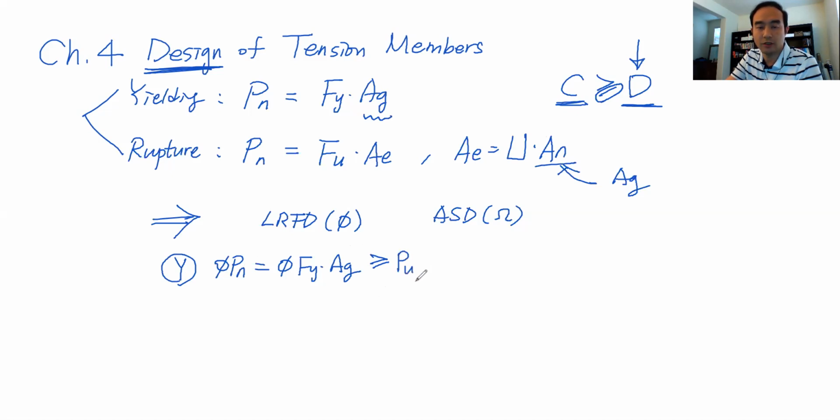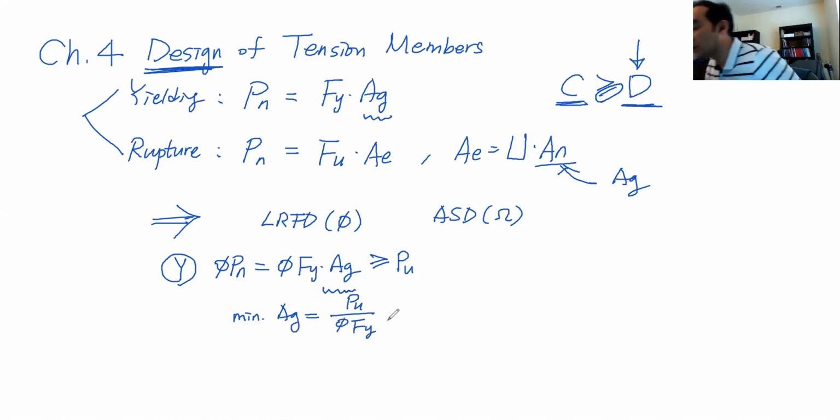This is a factored demand. So when we rearrange to find this minimum required area, the minimum Ag will be equal to Pu divided by everything else, so Pu over phi times Fy. And this is equation number 4.1 in your textbook on page 108.